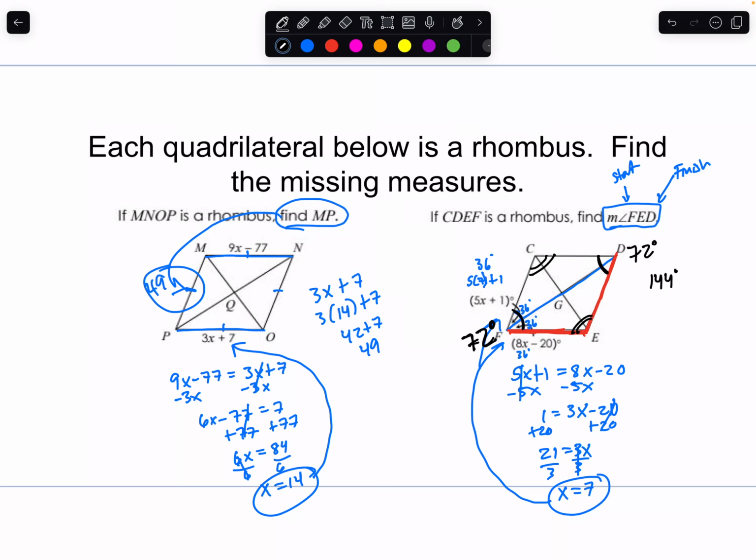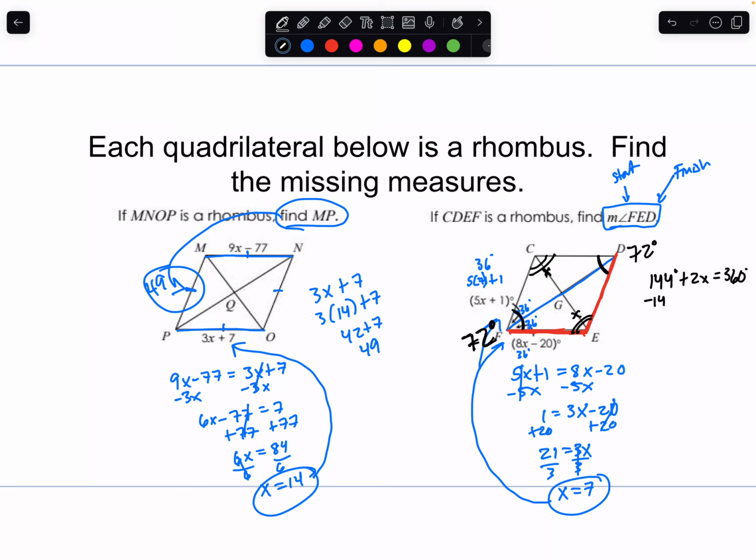And then I have two of these angles over here. Let's call this angle X and angle X. I have two of those, and that should be a total of 360. So, what's left over?